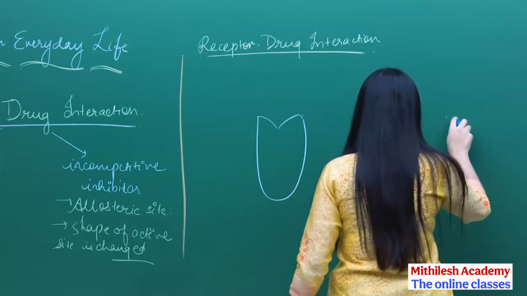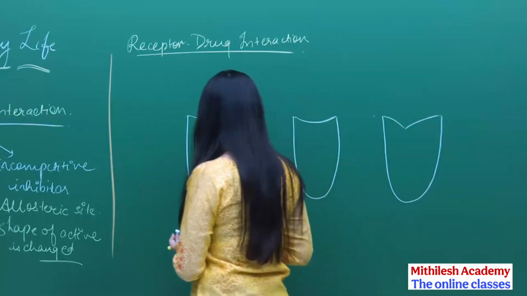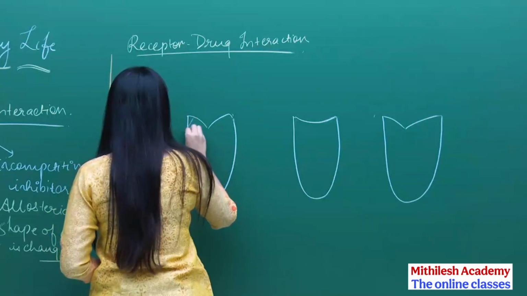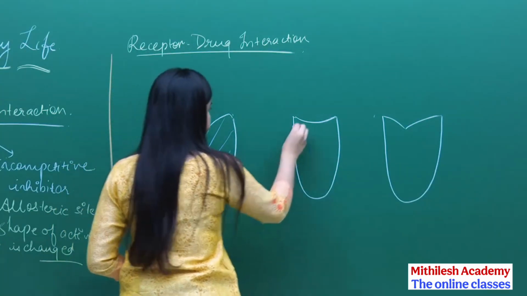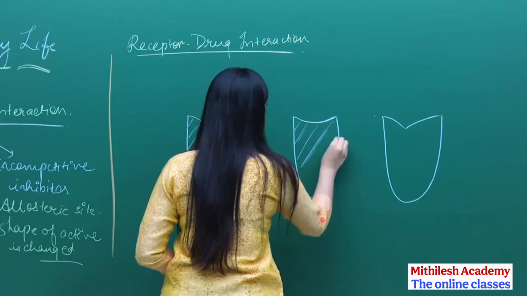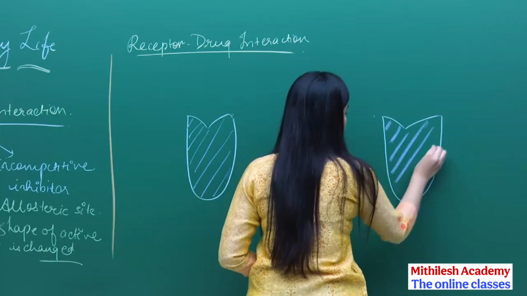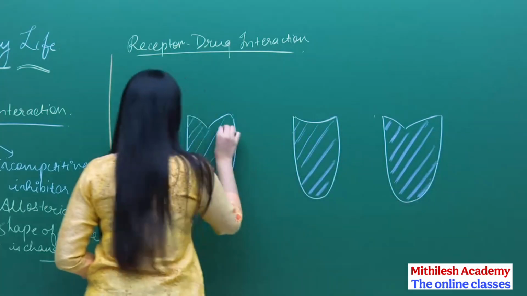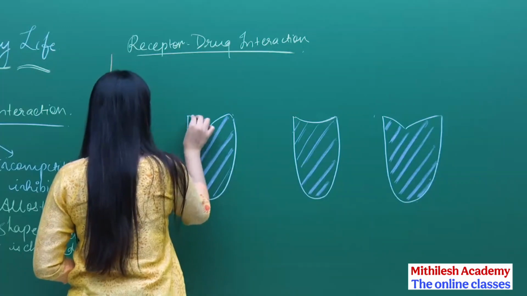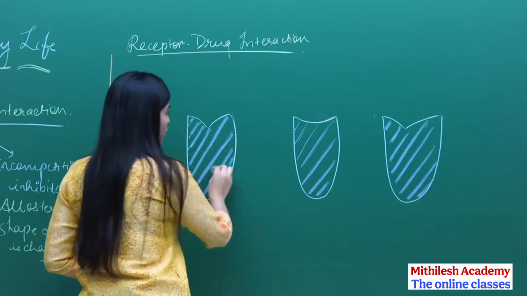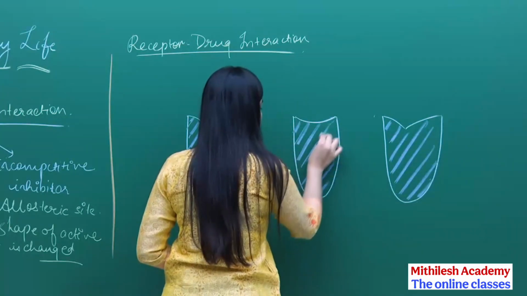So just try to guess it by then. So this is the receptor. I hope you all have drawn this. Stage number 1, stage number 2 and stage number 3.